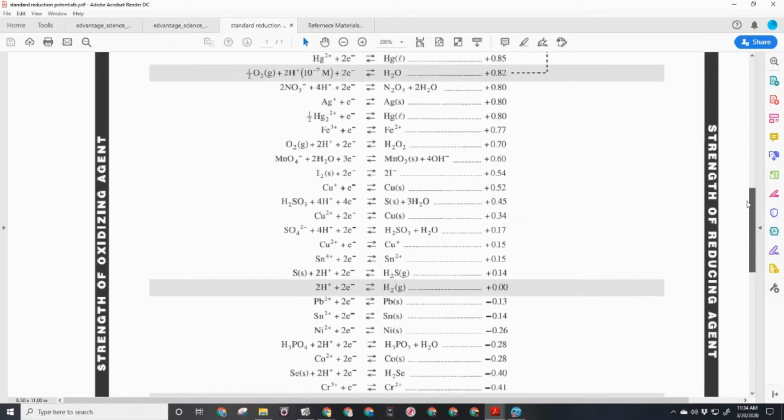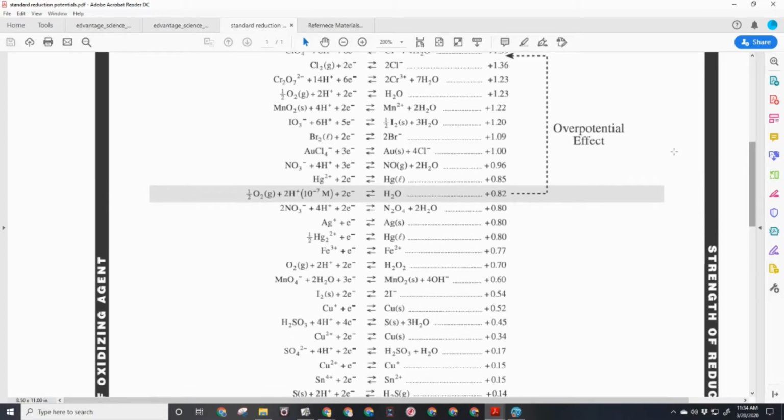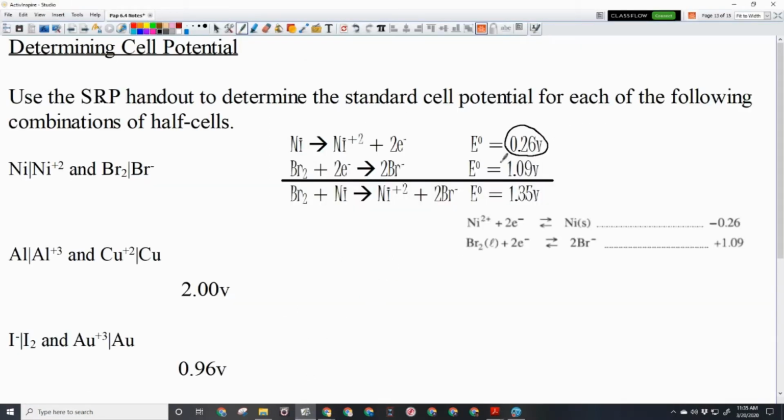So where's bromine? Right here. Bromine 2 to bromine -1, and we see that that is a plus 1.09. So what you want to do is get these two values and then add them up. And that's going to be a 1.35.